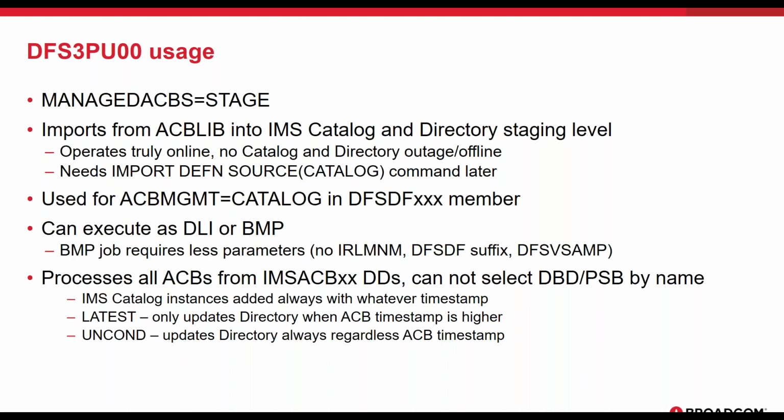The active directory is still being used by the online IMS system while you are preparing the updated definitions at the staging level. This then needs the IMPORT DEFN SOURCE(CATALOG) command, which turns the resources prepared at the staging level into the active ones, but of course on your command and at the right time.